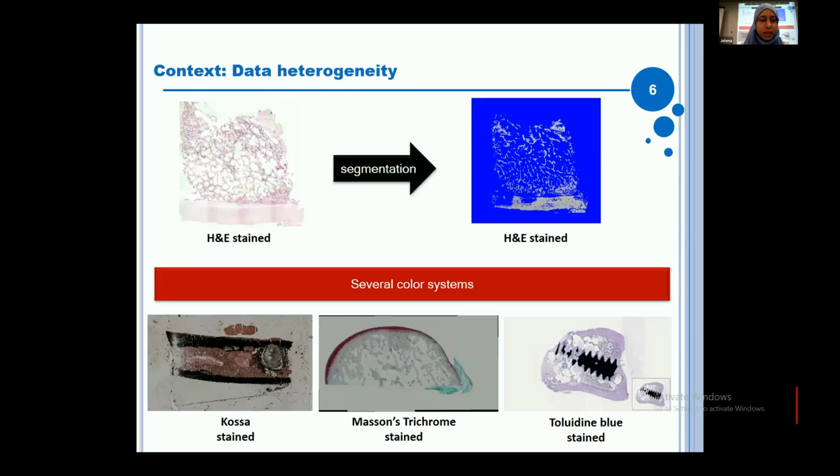Now, in the following slide, I will give an idea about our data characteristics and the aspects of heterogeneity of this data. So I'm going to explain the first heterogeneity aspect through this example.